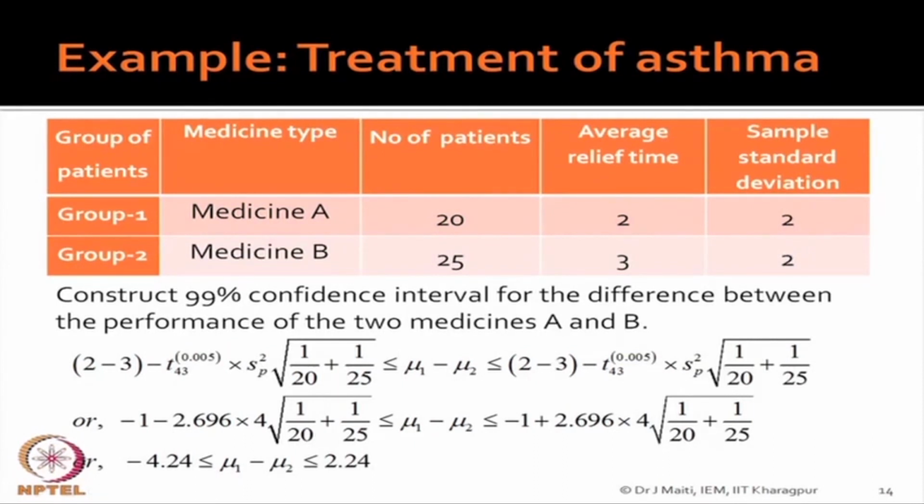Now, using this information you may be interested to see the confidence interval for the variability part. Why is variability important? It may so happen that for the same medicine, one patient, Mr. X, gets relief in 1 hour, while for Mr. Y it may be 3-4 hours.